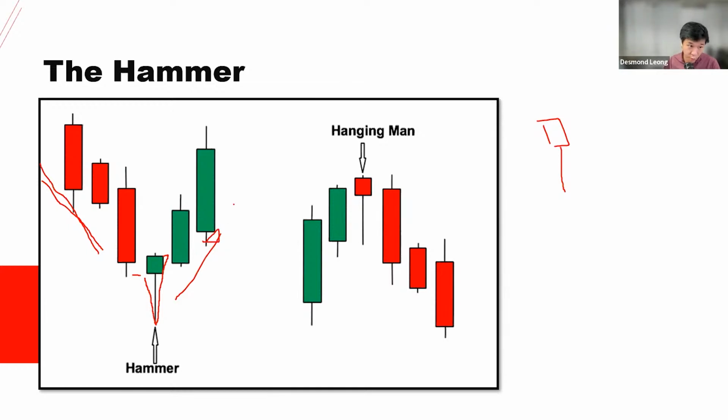Okay, now let's look at the opposite, the hanging man, right? So you can see the bulls are pushing prices up, up, up. When it reaches this level, the bears start pushing prices down. You can see that the bears are successful in pushing prices down, but the bulls take over and push prices all the way back up to over here.